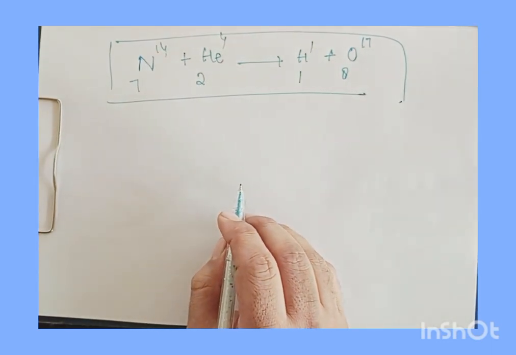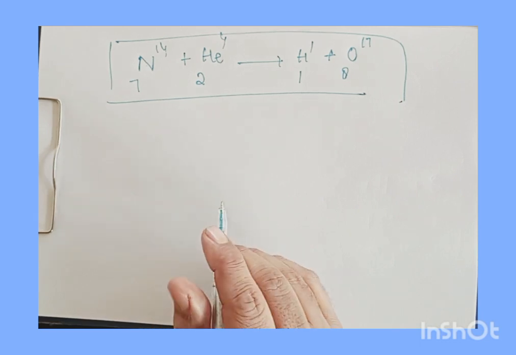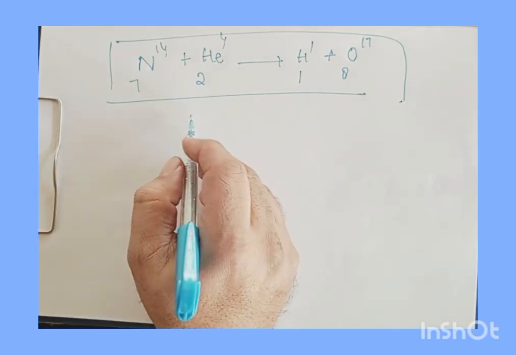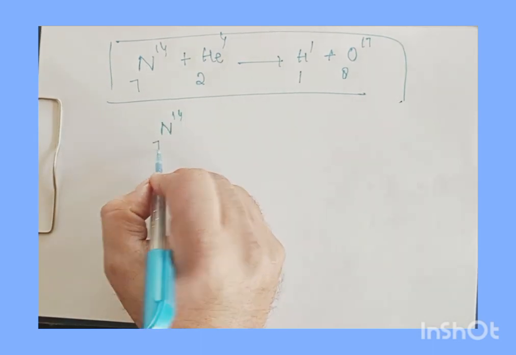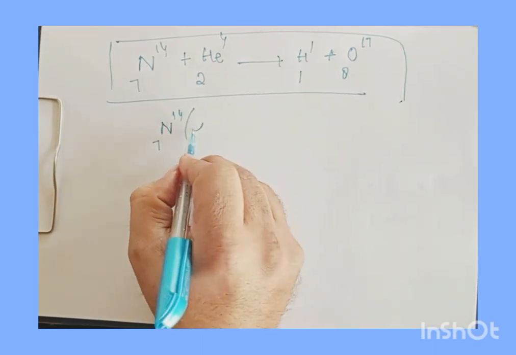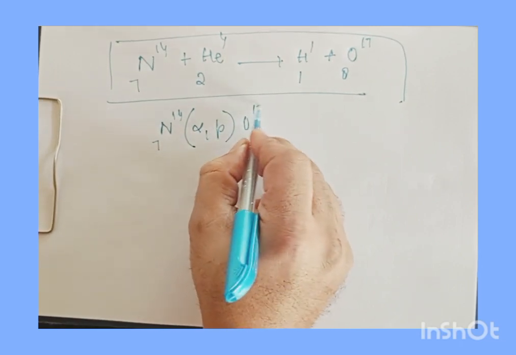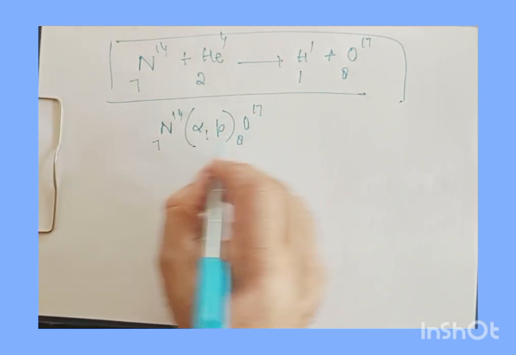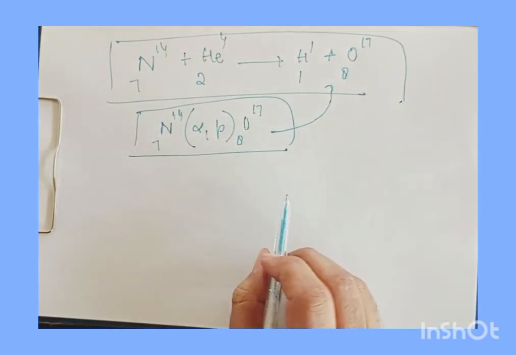Now, if we have to have a representation of a nuclear reaction for this case, we can show it like this: N14(7) bracket alpha, P, and O17 and 8. So this short form is a representative of this nuclear reaction.